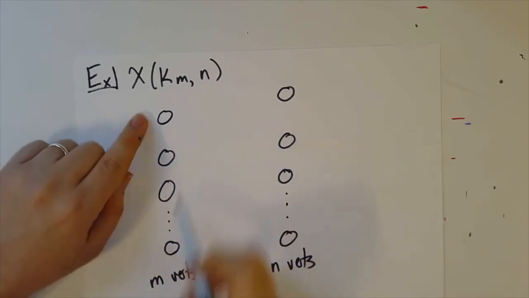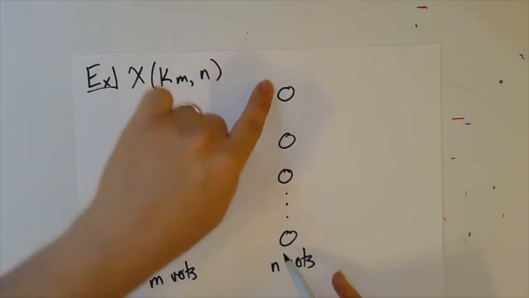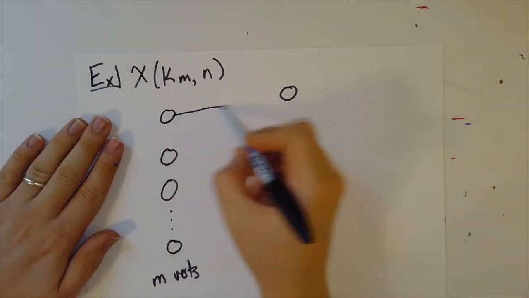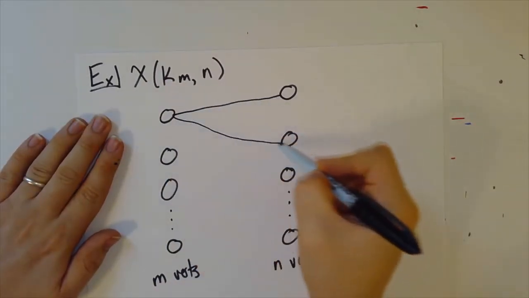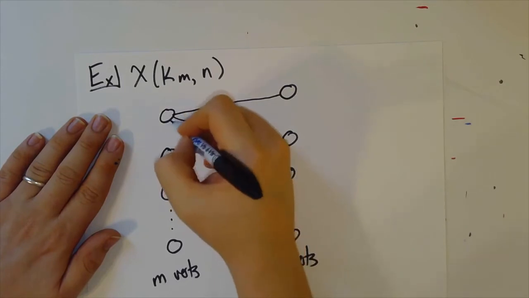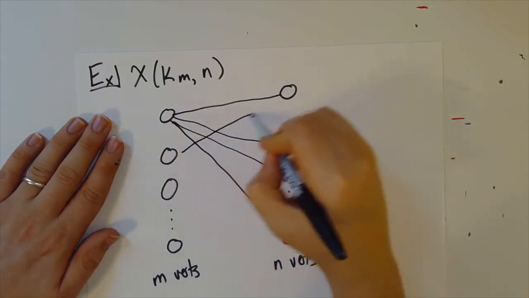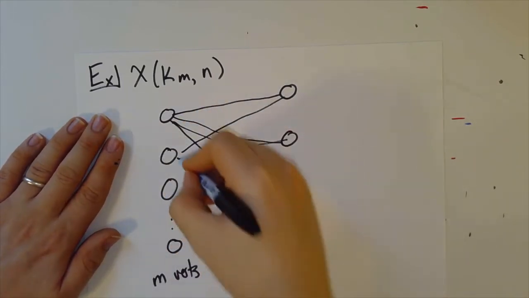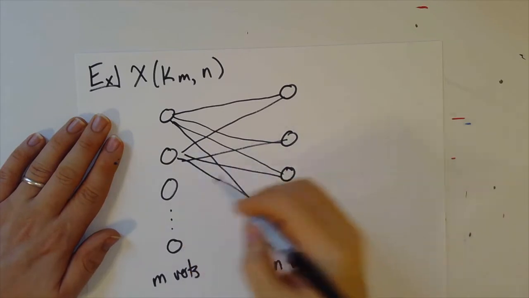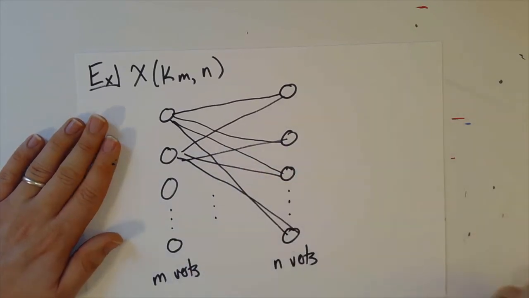And we connect everything over here to everything over here. And so this connects to there, and to there, and to there, and so on. And etc. Imagine I filled in all the lines.